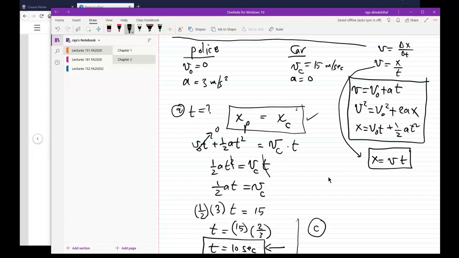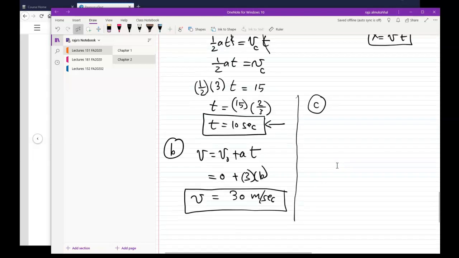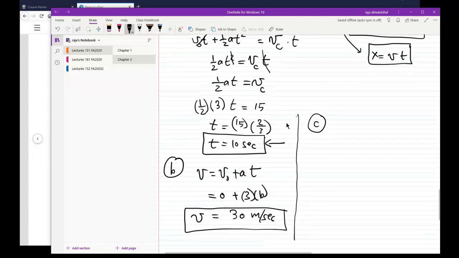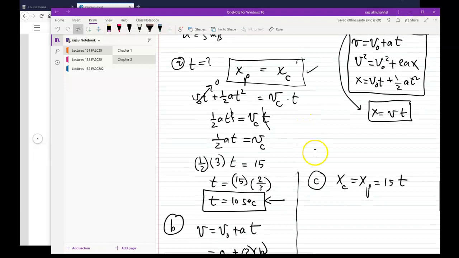So I can either use the right-hand side of the equation or the left-hand side of the equation. It's basically going to give me the distance. Let's start with the right-hand side, which is x sub c, which is equal to x sub b, is equal to 15t, correct? Just like I did here, 15t. What did I get 15t from?